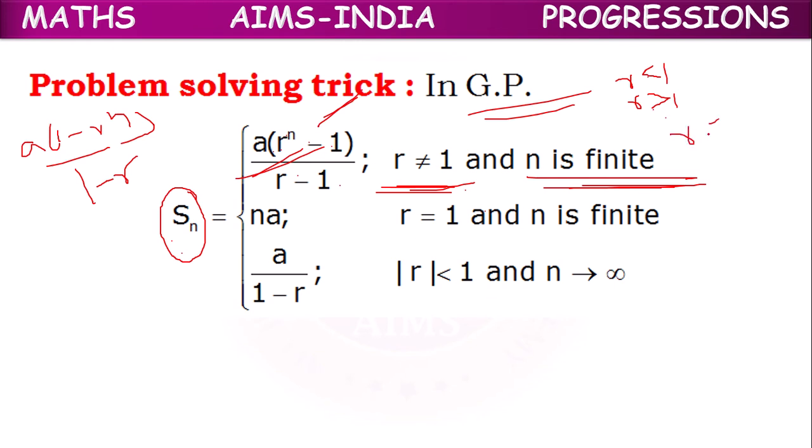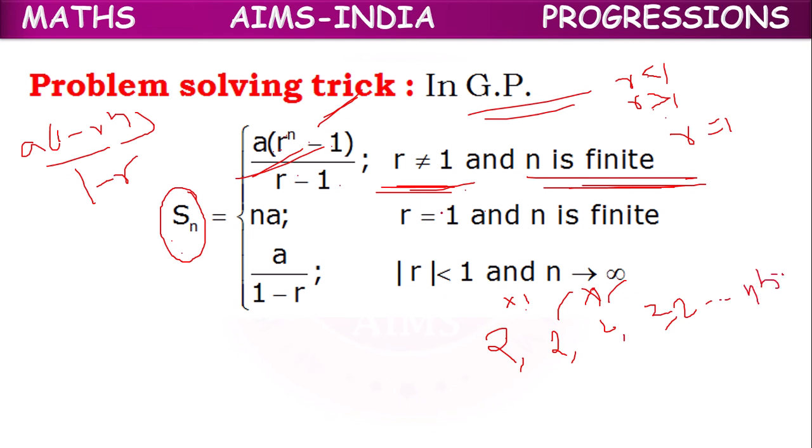If r equals 1, what happens? The denominator will become 0, so that formula we should not consider. If we have 2 here and r is 1, it means we multiply by 1 to get the next term. 2 times 1 is 2, next term 2 times 1 is 2, like that n times.